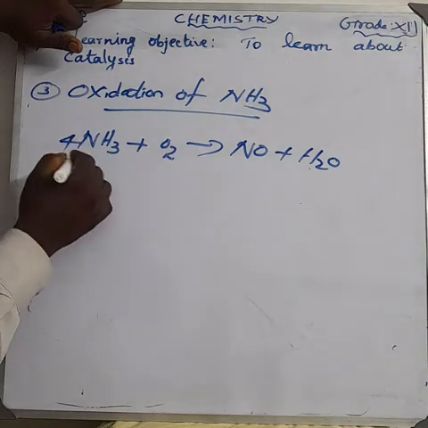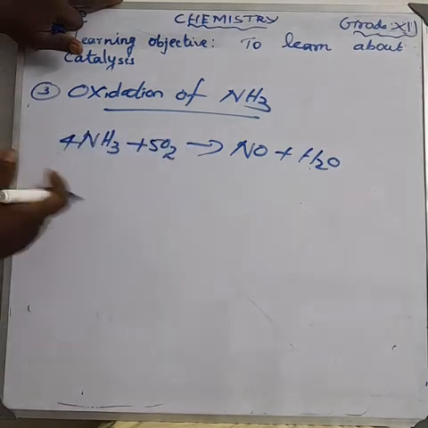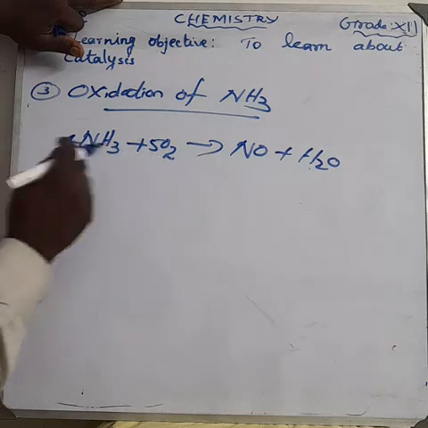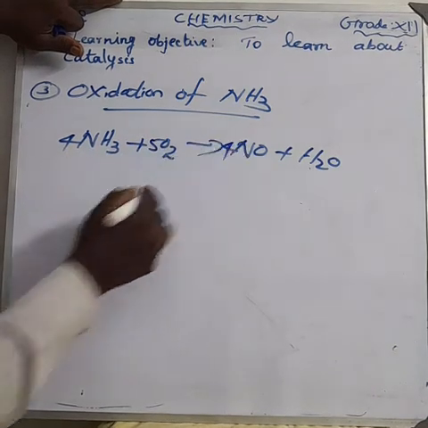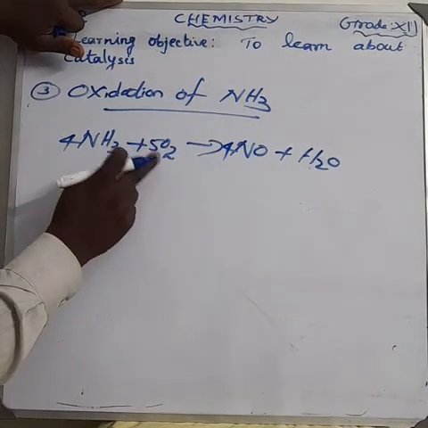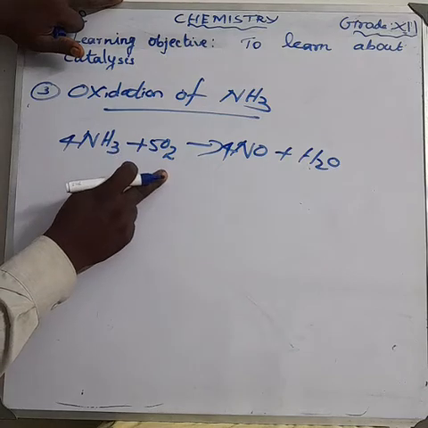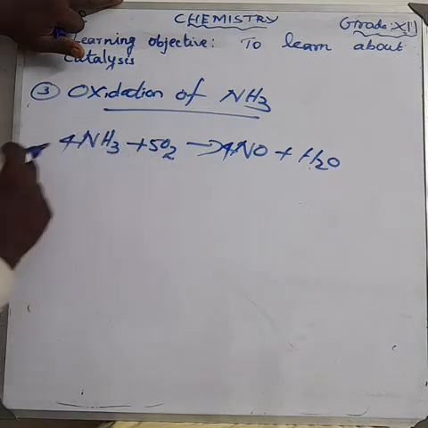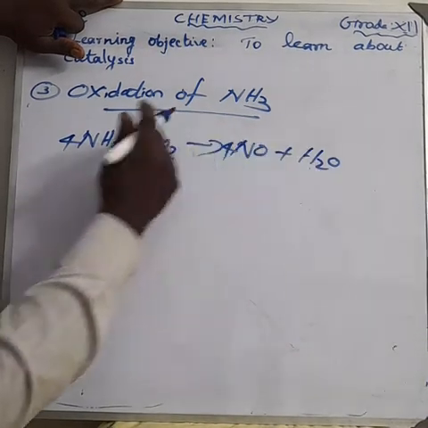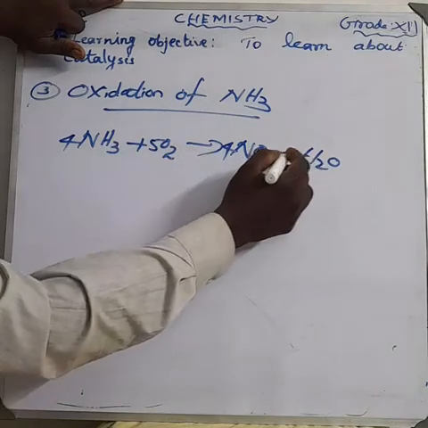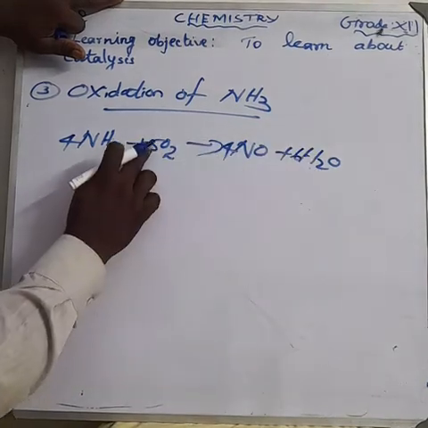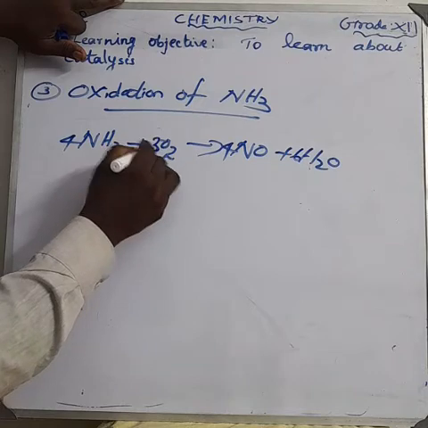Many times I told you how to balance the equation. We use 4 and 5. 4 nitrogen. So how much oxygen? 5 twos are 10. So make it here 6, 3.